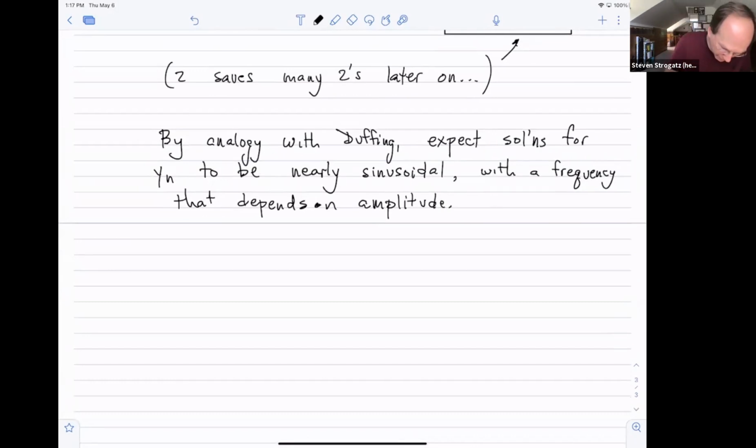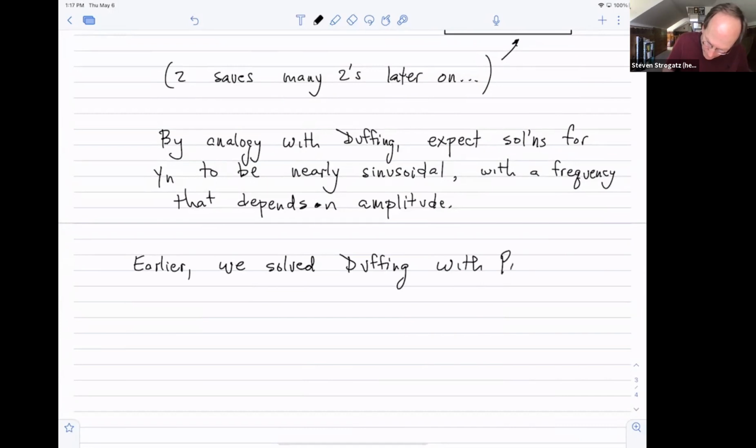So just as a reminder, earlier we solved that Duffing problem for the periodic orbits using the Poincaré-Lindstedt method. Whereas what we're doing now is the method of multiple scales, which is really a superior version of Poincaré-Lindstedt that also lets you deal with transient behavior and stability.